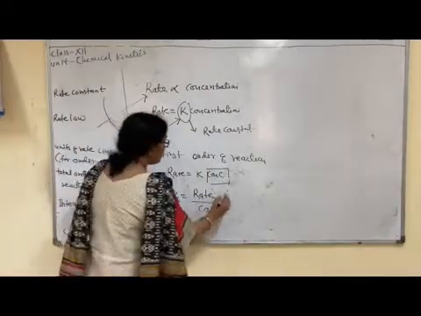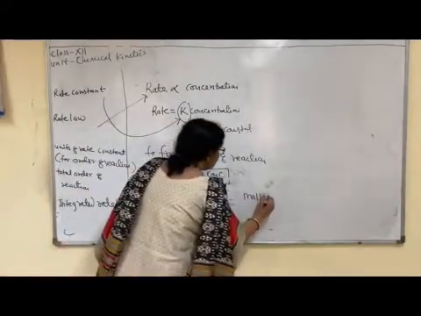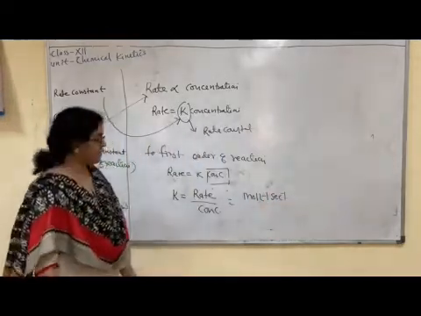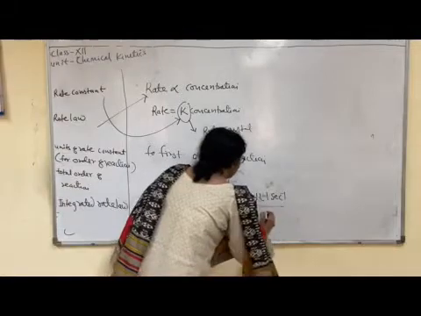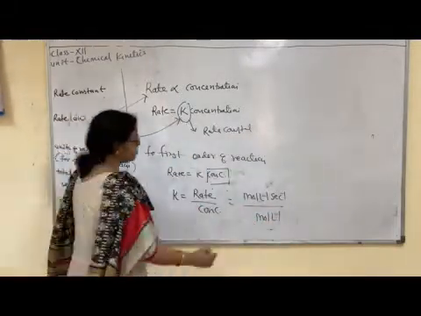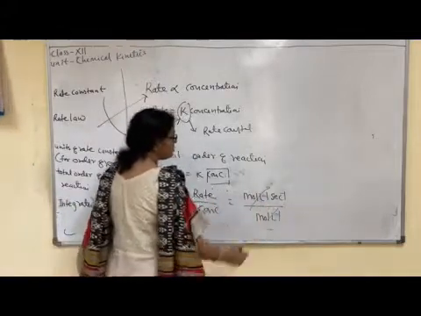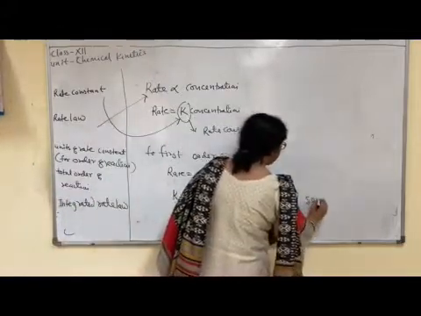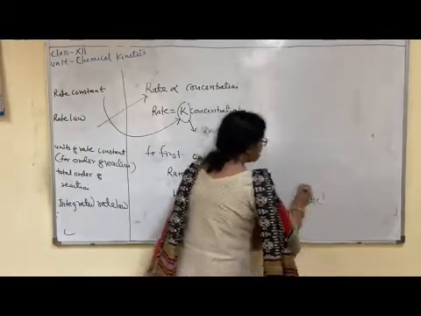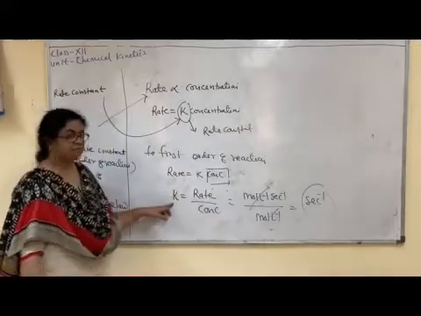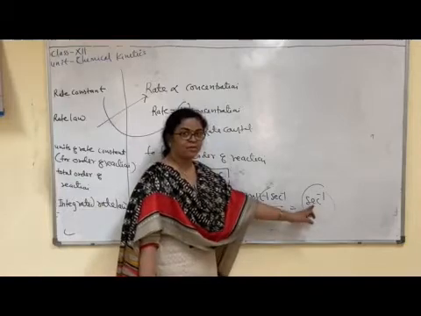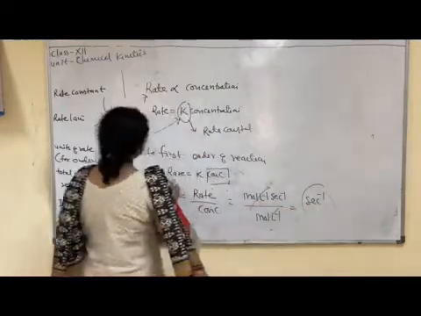Now, unit of rate is equal to mole, liter inverse, time inverse, second inverse, upon concentration term. Its unit is mole, liter inverse. Then what is left? Only second inverse or time inverse. So, unit of rate constant for first order of reaction is second inverse. This is important for objective types of question.